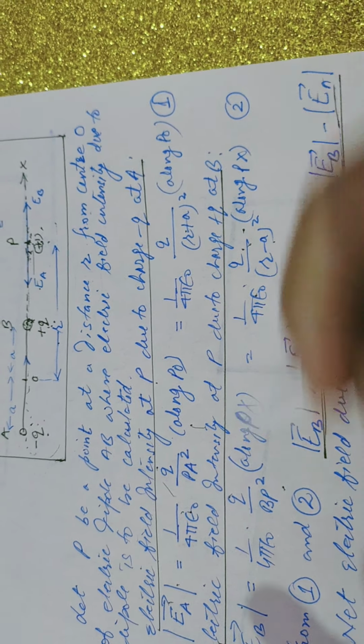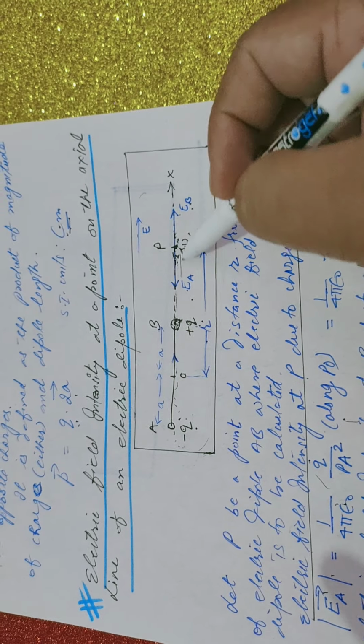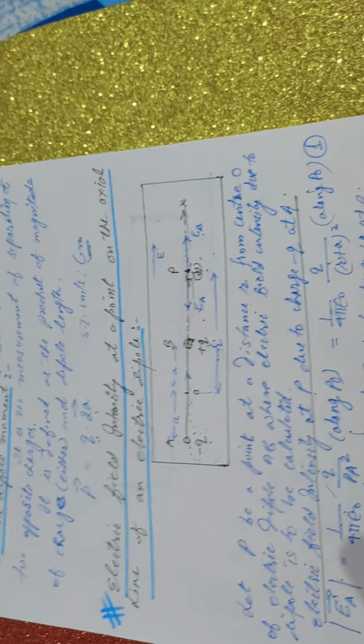So the net electric field due to dipole is larger value of electric field minus smaller value of electric field. Now substitute the value of EB and EA in this equation. You will get 1 by 4 pi epsilon naught, q is taken common from both, 1 over (r minus a) square minus 1 over (r plus a) square, and it is along OX, that is away, that is in the direction of EB.